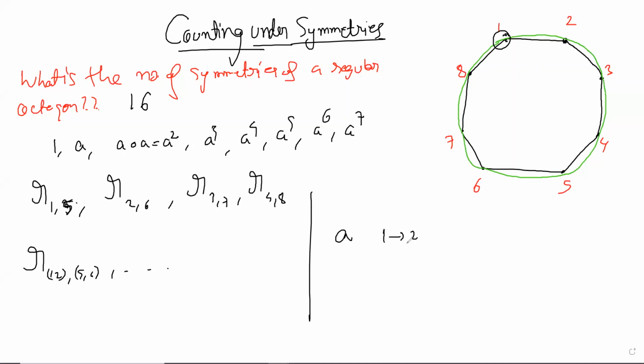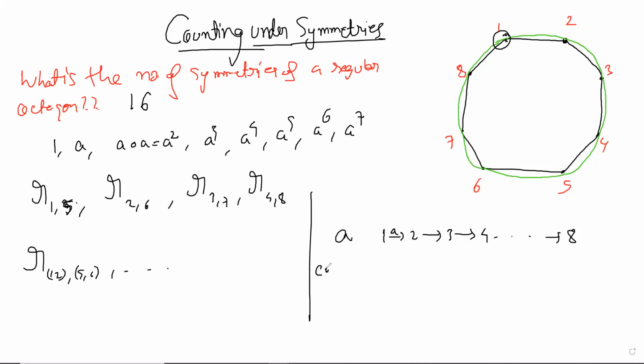Now if you apply it on 2, then 2 goes to 3, and 3 goes to 4, and so on. So this symmetry is very unique because of the cycle created by the symmetry. There is only one cycle created by the symmetry, and that is the entire set of points.